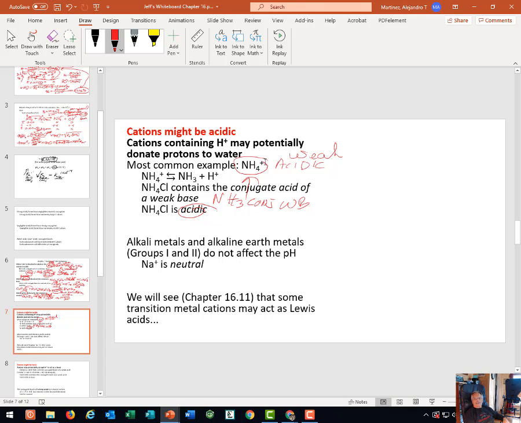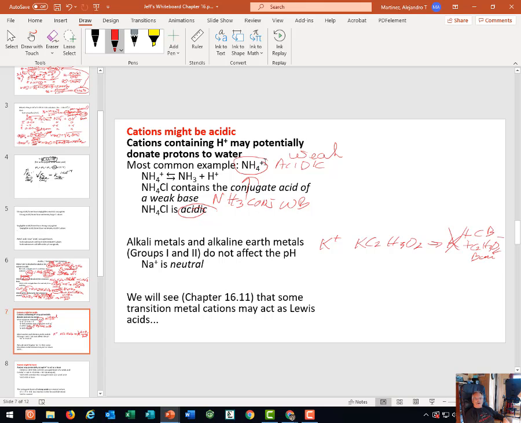So if you see something like potassium as the cation on the salt, like potassium acetate, C2H3O2, this is actually a basic salt, because when it dissociates, potassium ion will not affect the pH, but the acetate, C2H3O2 minus, this is the conjugate base of acetic acid, and so this will give you a basic solution through base hydrolysis.